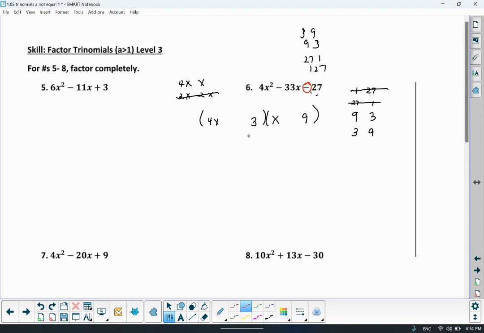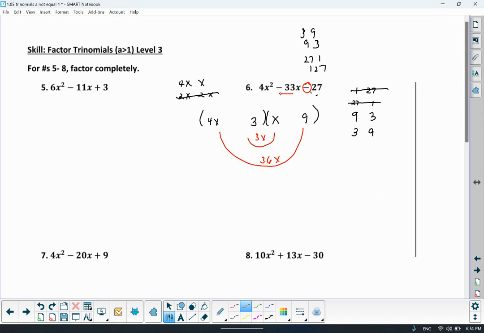And you could just keep on doing trial and error. But what I like doing is finding what the product of my inner and the product of my outer are, the OI. So this is 3x and this is 36x. I know I'm going to have one positive and one negative. Well, how do you know which one?